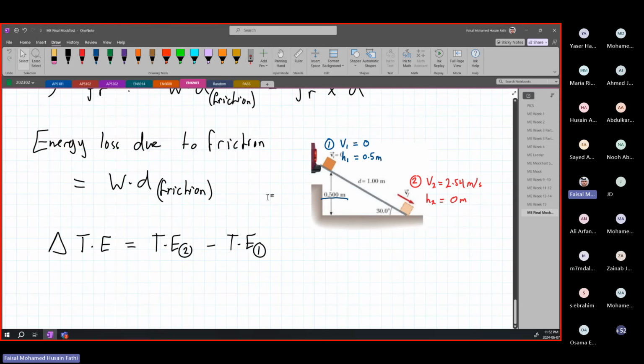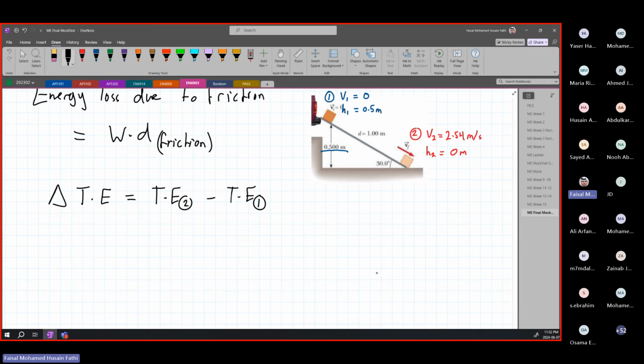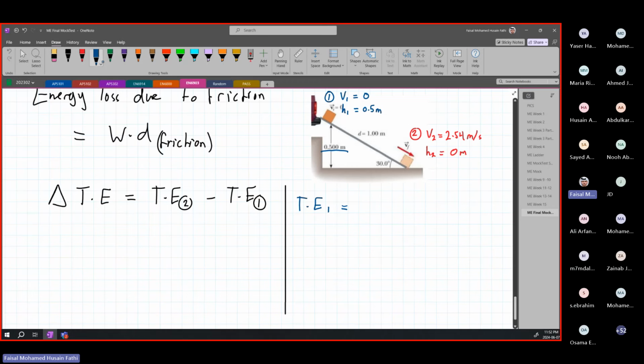How can we find the total energy at these 2 points? For point 1, TE1, the total energy at 1, is equal to the potential energy at 1 plus the kinetic energy at 1. Since our velocity is 0 at 1, our kinetic energy is 0. Since we have a height, we have a potential energy.